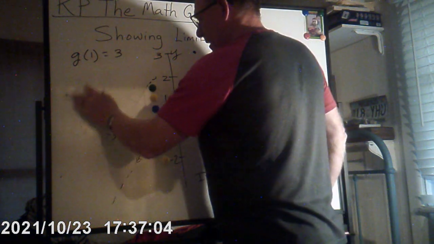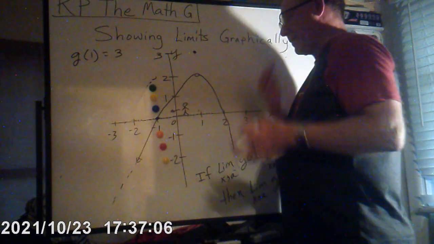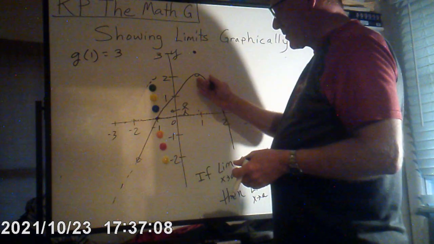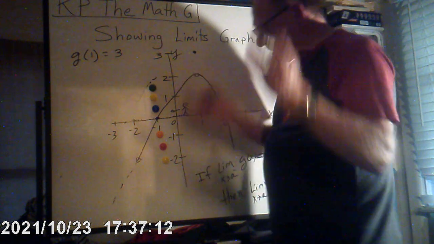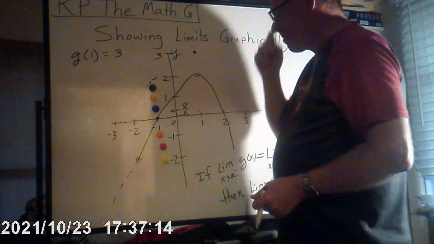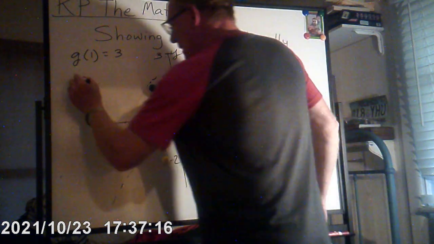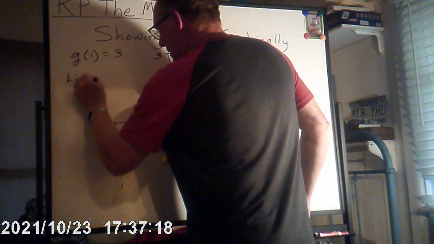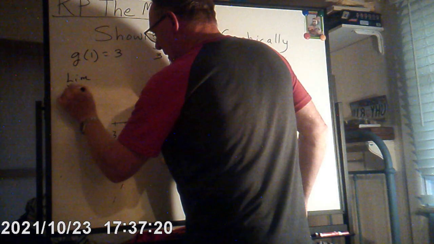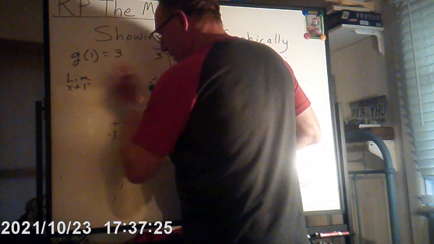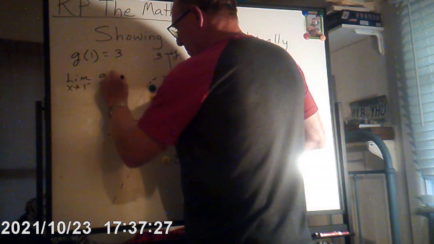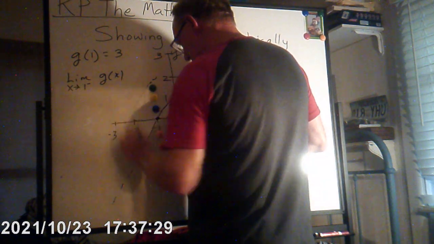Now let's look at this limit and say, well, this hole is here, so the limit must not exist, right? Well, let's ask this question. Let's look at this limit. The limit as x approaches 1, now remember from the left, and we're talking about the function g.